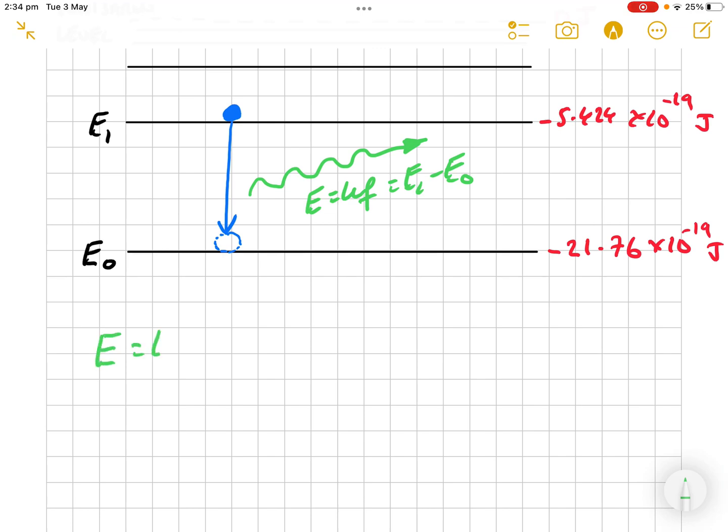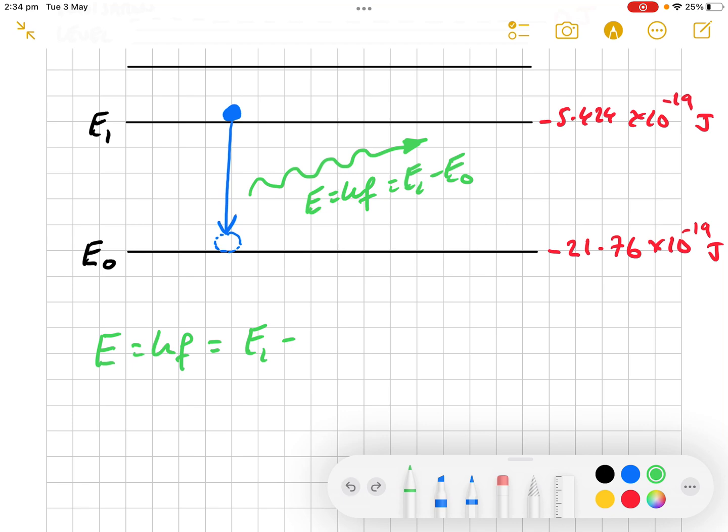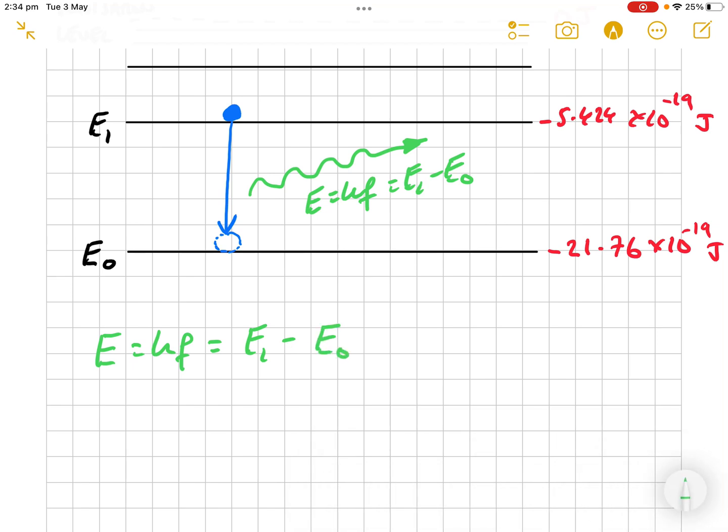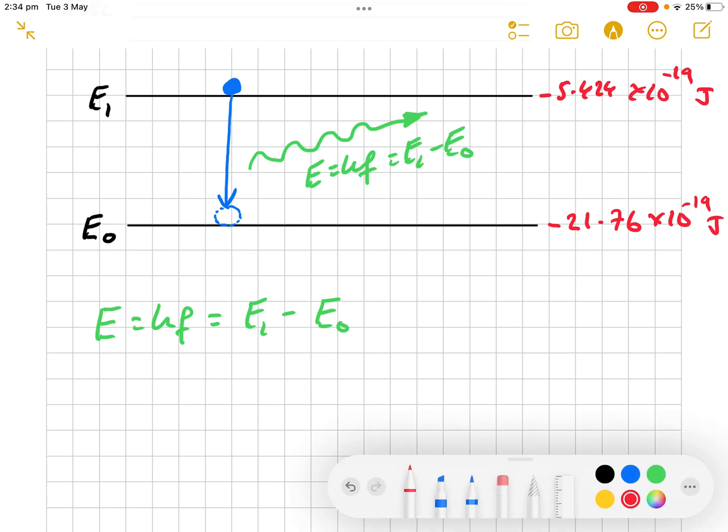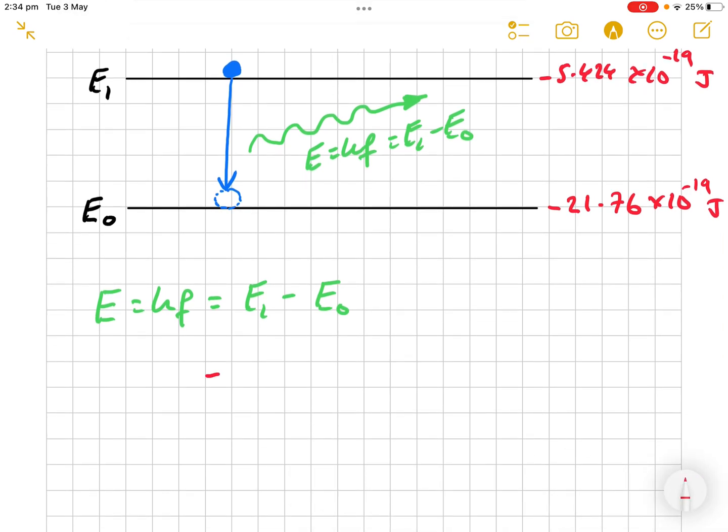So this photon energy then, now when you calculate its energy, it's really important that you put all the numbers in exactly as they're presented. So that has to be minus 5.424, take away minus 21.76.